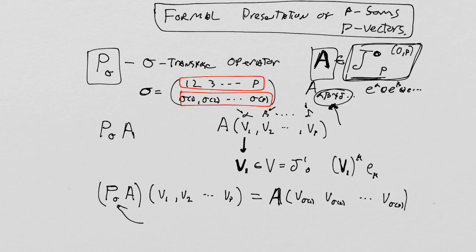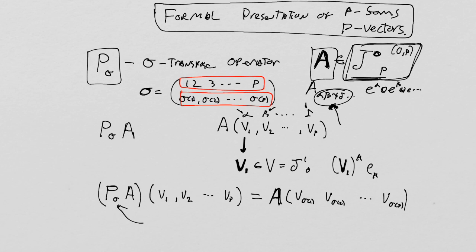Now make no mistake, this is a different tensor than A. But this different tensor is defined such that all I would have to do is take A and reshuffle the inputs, and the answer will be different.